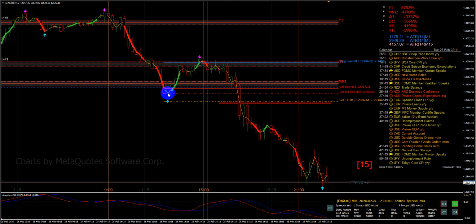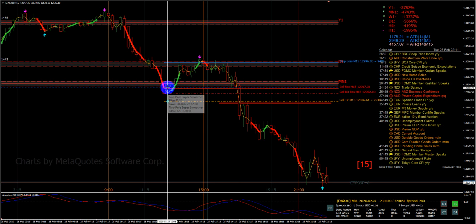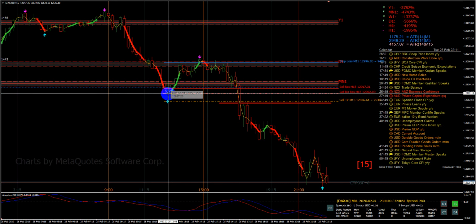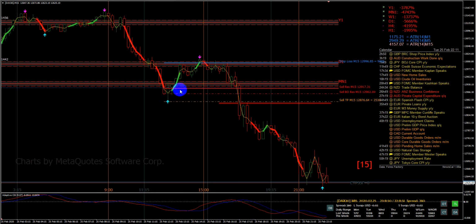Since it's breaking down, we are absolutely validated to look for a short trade around there. And basically, because the candle is still not formed, you see there could have been an opportunity for at least 20 pips right there, which is enough for our trade, right? Even if the candle ended bullish.